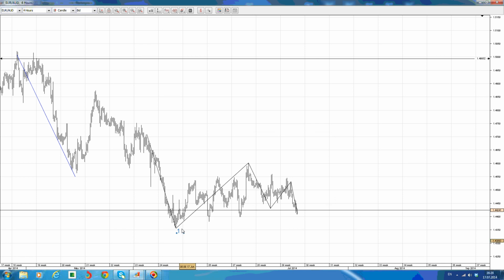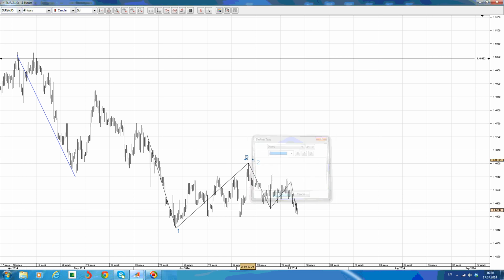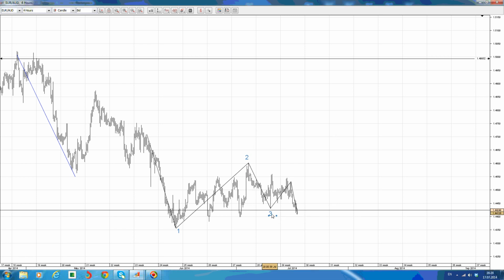Then we have a second wave to the upside, still a corrective wave. Then we have a third wave to the downside, still a corrective wave. Then we have a fourth wave to the upside, still a corrective wave. All of them are corrective.